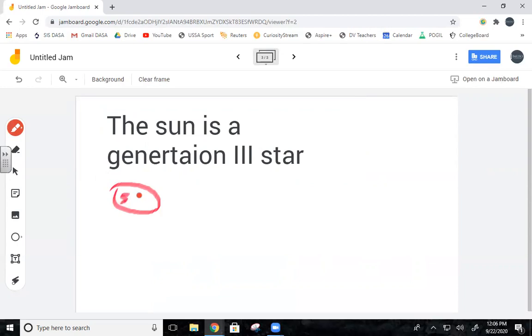Star, and I'm just going to label it with a Roman numeral 1. Okay, star generation 1. Those stars went kablooey. Star generation 1 exploded, and they had created elements in their core.